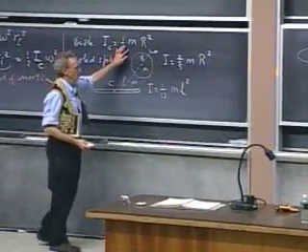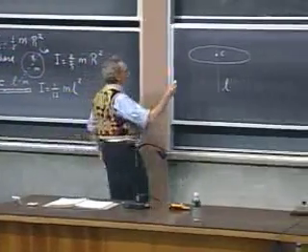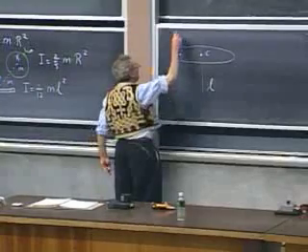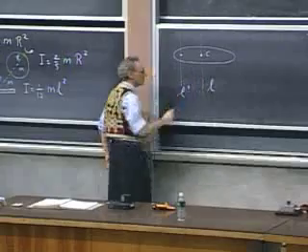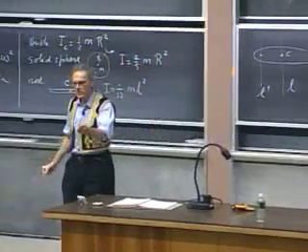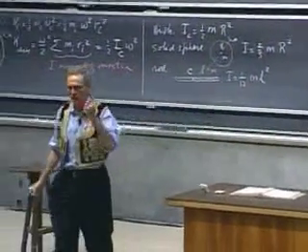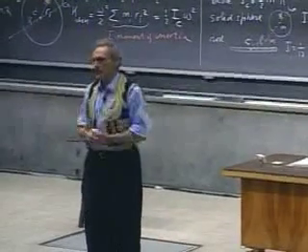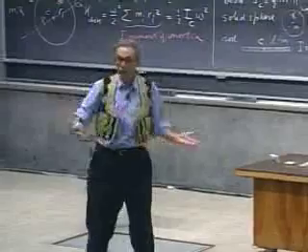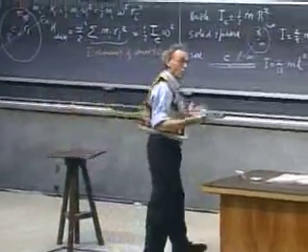This is the moment of inertia. But now I'm going to drill a hole here, and I have here an axis, L prime, which is parallel to that one. And I'm going to force this object to rotate about that axis. I can always do that. I can drill a hole, have an axle, nicely frictionless bearing, and I can force it to rotate about that. What now is the moment of inertia?